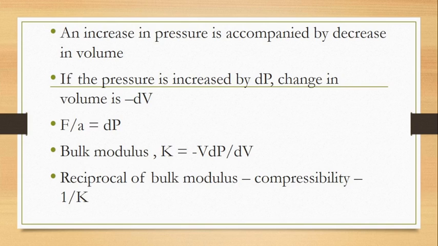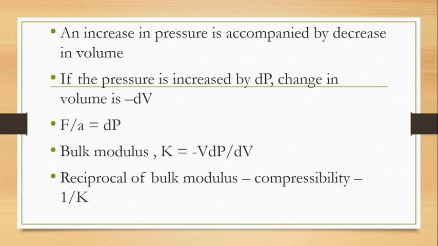In the case of normal stress, it is appropriate to write force by area as dP. So what will be bulk modulus? We had derived bulk modulus as F into capital V by small a into small v, isn't it? Now F by A can be replaced with dP, and dV can be replaced with minus dV.